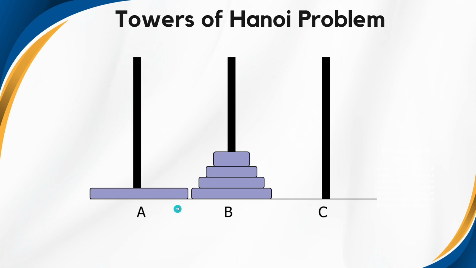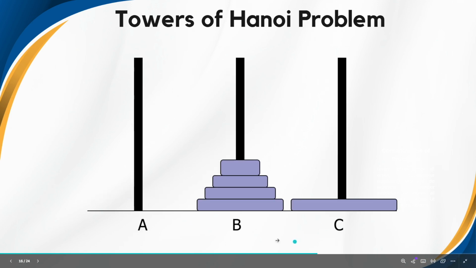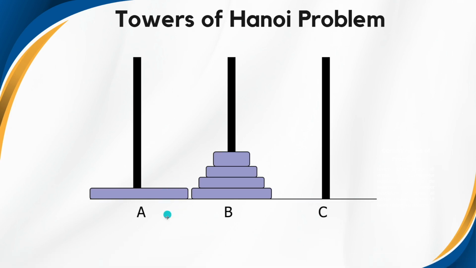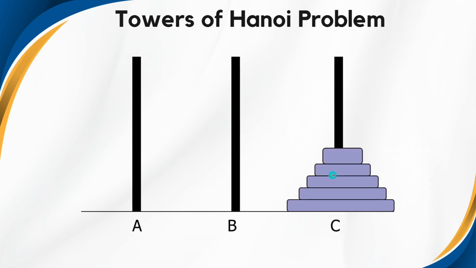So this would be some intermediate position during shifting of disks from pole A to C, and this is our expected solution, like we have to shift all the disks from A to C. Here you could see that in the first step we shift the n minus 1 disks from pole A to B, and we shift the biggest or the last disk from A to C, and finally we shift all the n minus 1 disks from B to C. So this is how we find the solution for the towers of Hanoi problem.